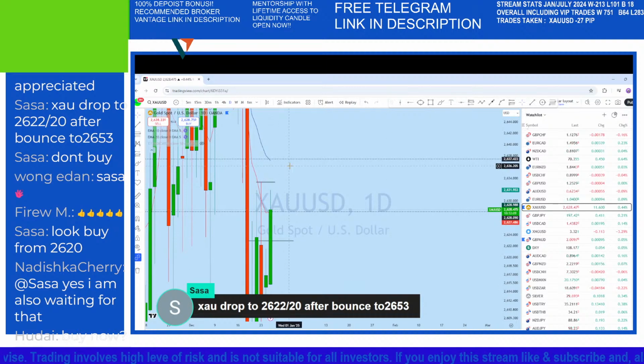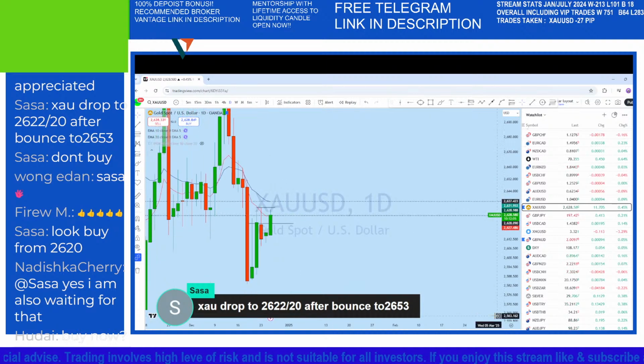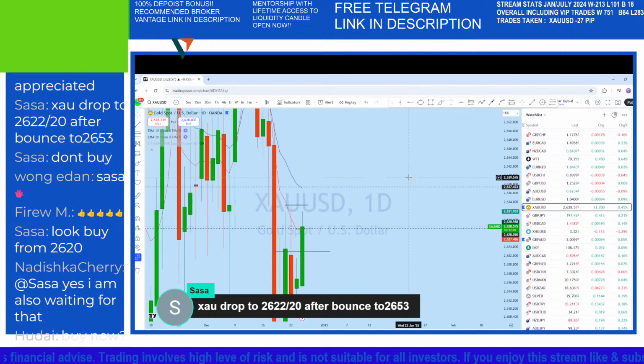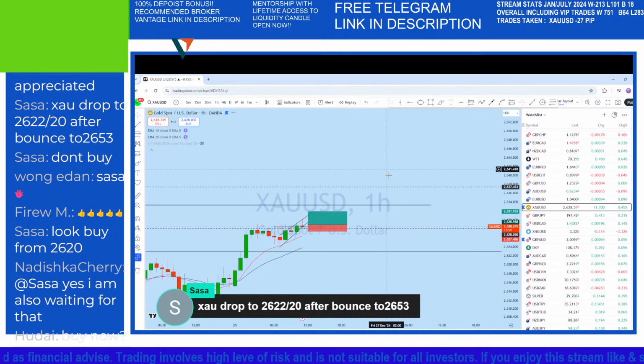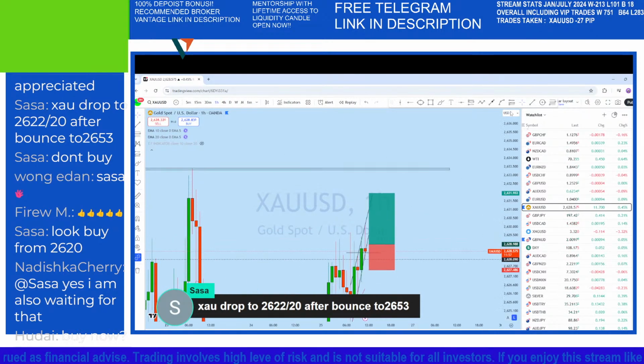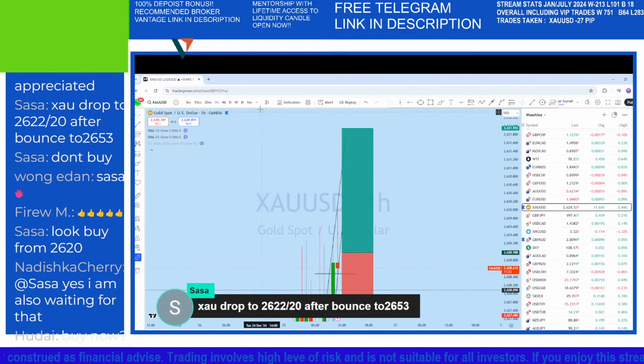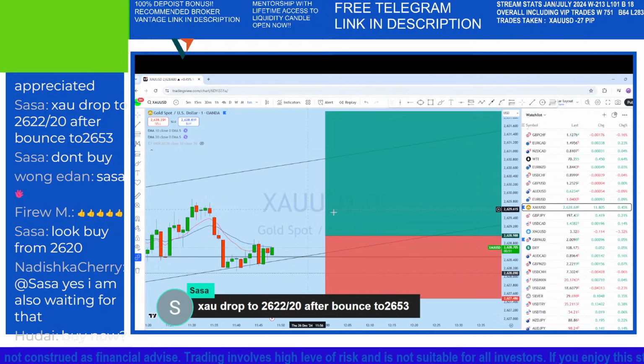So far there's a bounce on the daily, and from the daily it is in a bullish trend. One hour as well, we can see the market is in a bullish trend.